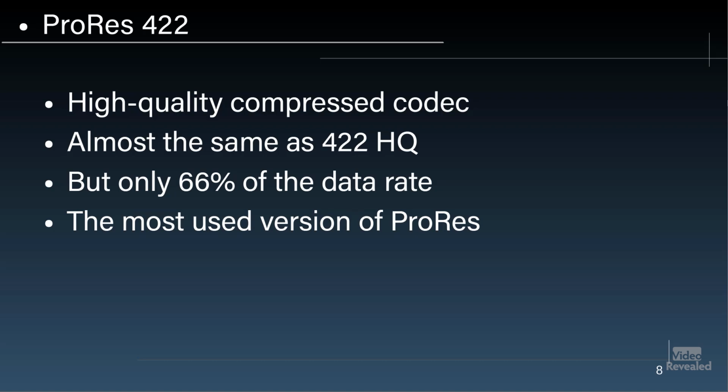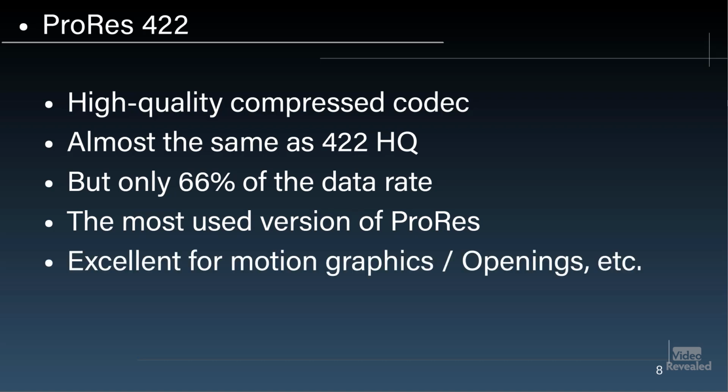This is really huge. The data rate is how much data needs to flow into whatever your player application is or Premiere Pro. How much data does it have to flow? So this is 66% of the higher quality. The most used version out there, and is excellent for motion graphics, openings, and things like that.